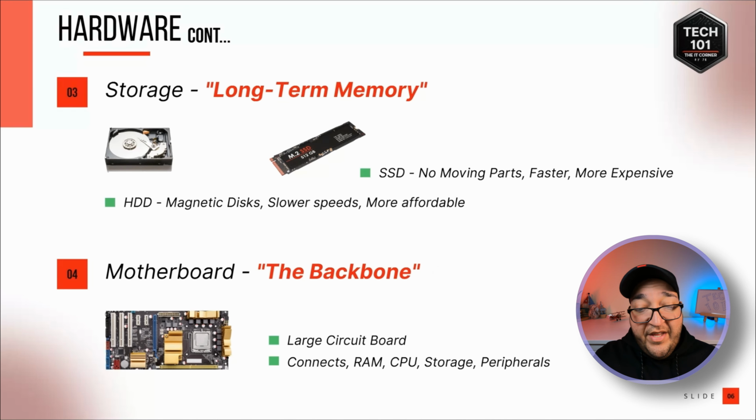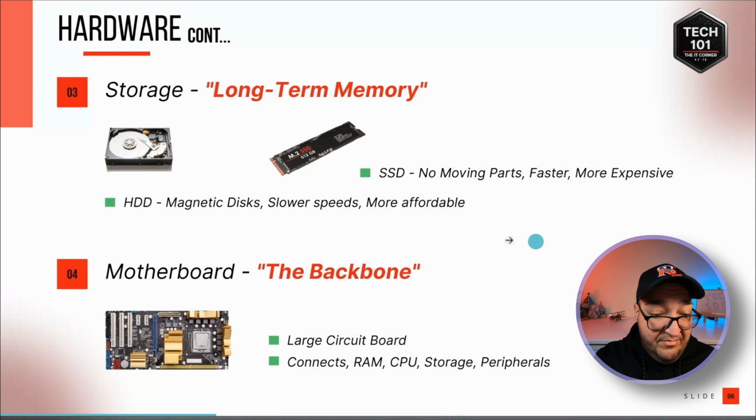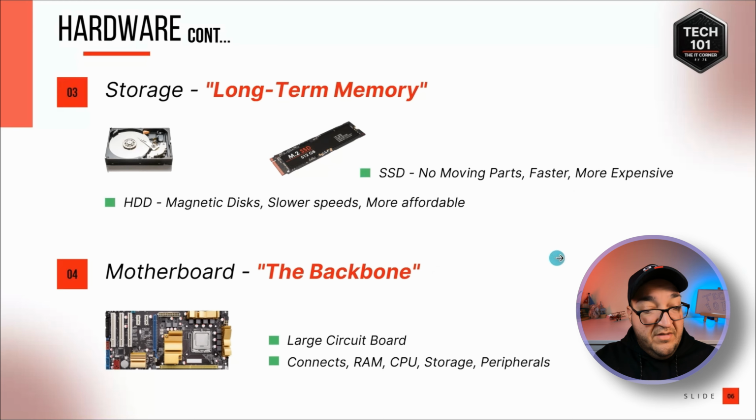Think of it like a highway system. It allows different parts of the computer to communicate and function as one system. Without a motherboard, none of these could communicate. It's what allows the CPU, the RAM, storage, and peripherals to work together as a complete system. So pretty much, a motherboard is really integral to the system.